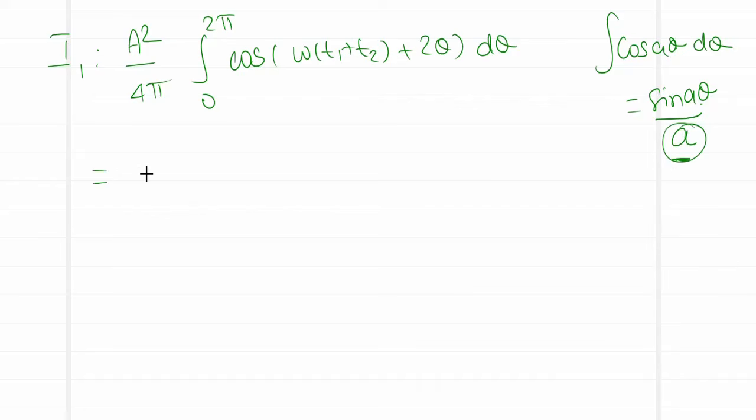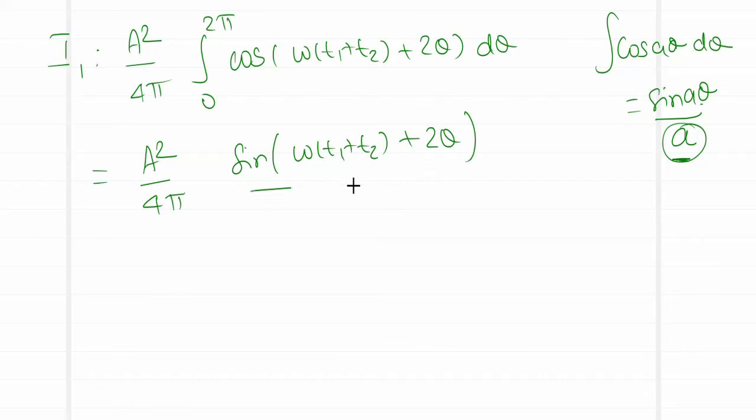Now this gives me A square divided by 4 pi sine of (omega T1 plus T2 plus 2 theta) divided by, what is the constant by which I have to divide? It has to be divided by 2, because the constant value is 2 over here. Apply the limit between 0 to 2 pi.